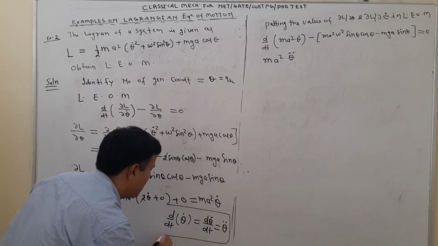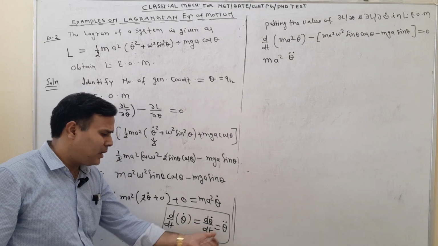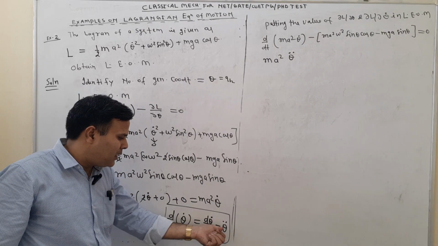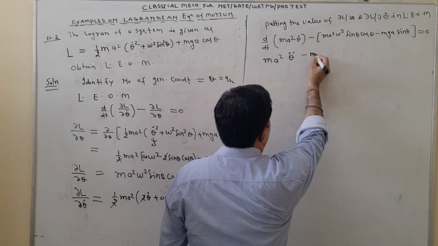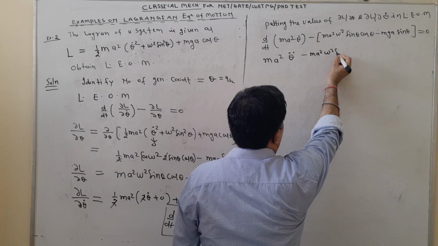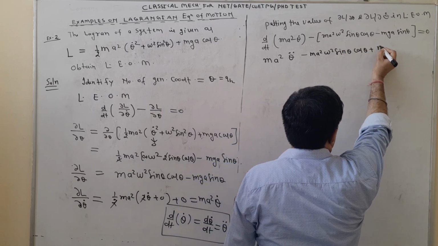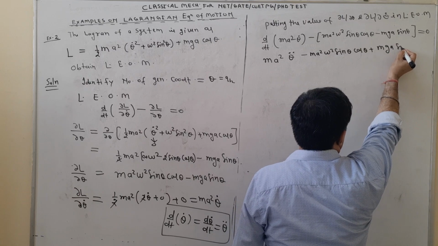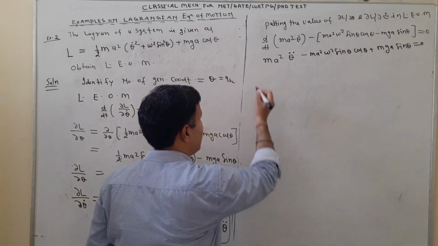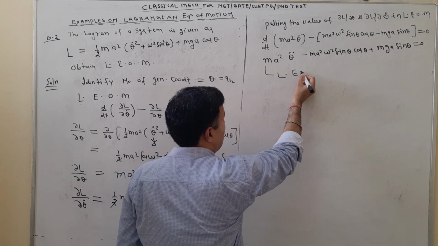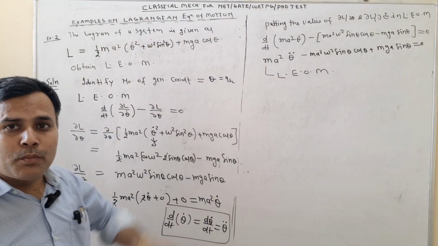This is just a convention: instead of writing d theta dot by dt, we express acceleration in terms of theta double dot. So ma square theta double dot minus ma square omega square sin theta cos theta plus mga sin theta is equal to 0. This is the Lagrangian equation of motion corresponding to this Lagrangian.